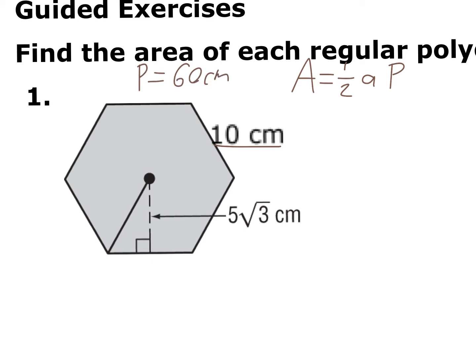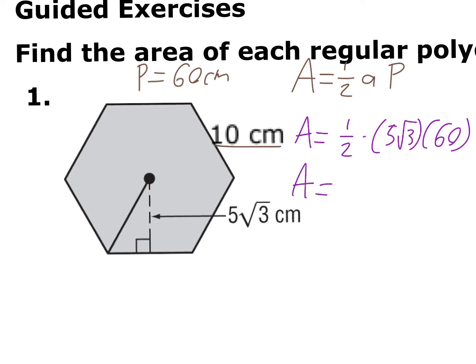My apothem is given to us as 5 times the square root of 3. Therefore, this becomes a plug and chug operation of A is equal to 1/2 times 5 square root of 3 times 60. Multiply all that together and then round to the nearest tenth. We should get our area is equal to 259.8 centimeters squared.